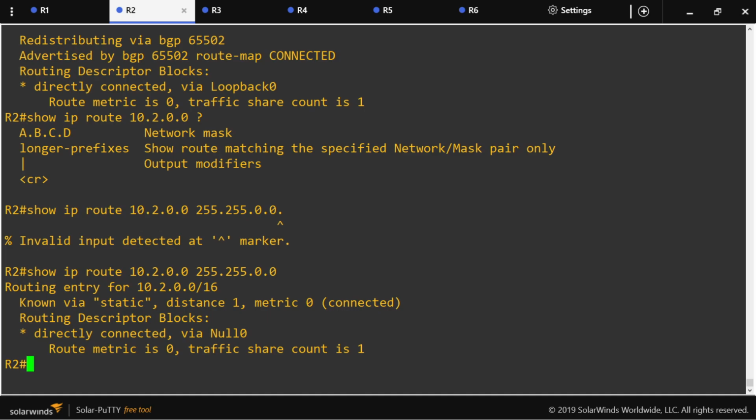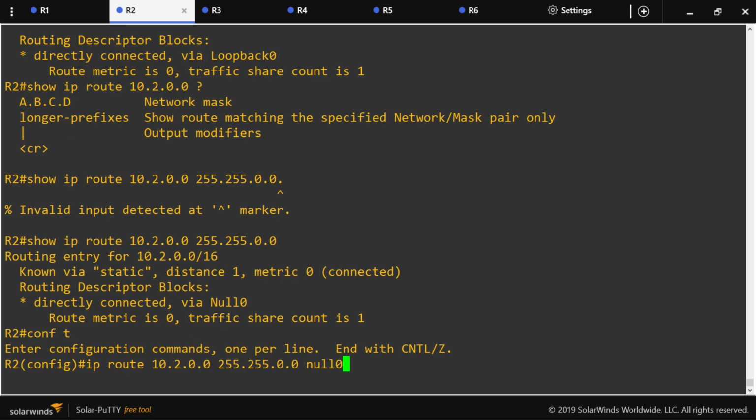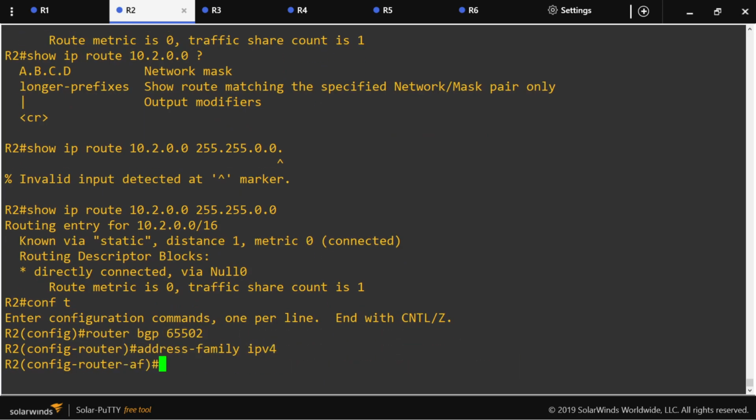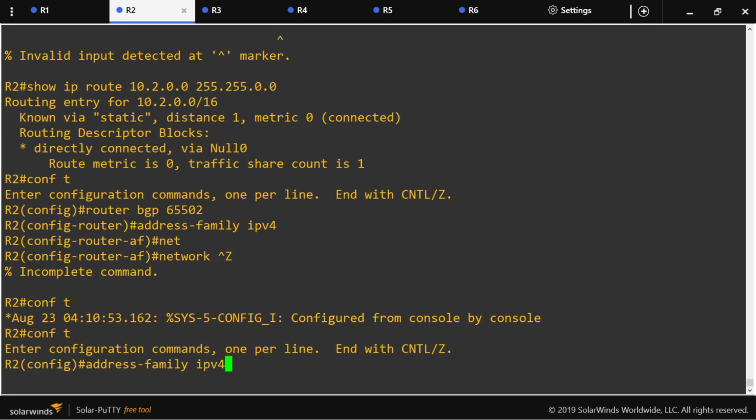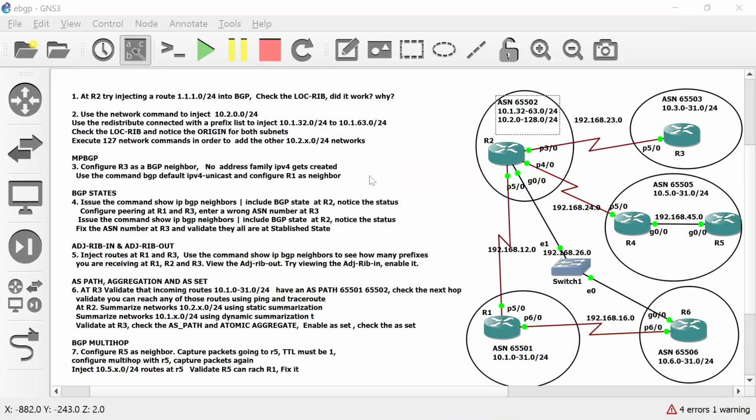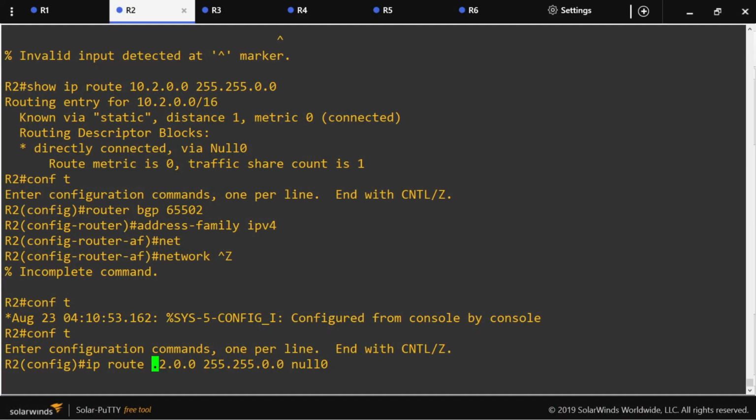Now I have this route in the routing table, so that means that I can create a network command. I'm sorry, I created a wrong one. Let me see if this is correct or not. Okay, yes, 10 dot, okay, sorry.